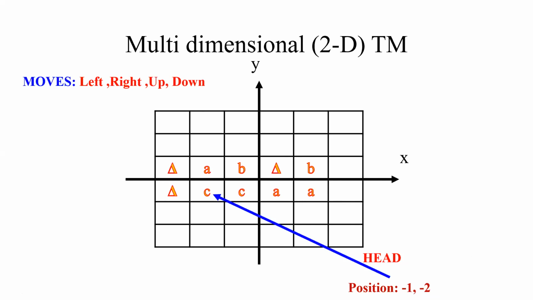Similarly, if I have the head at this point, my head position will be -1, -2. That means my y-axis is at -1 point and my x-axis is at -2 point. This is how we show the movement of the head in a multi-dimensional Turing machine.